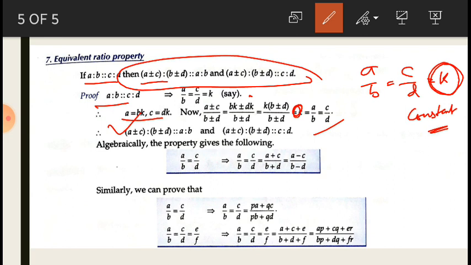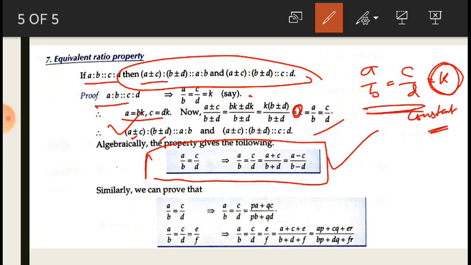You can easily conclude this, and you have to take care of the plus minus sign: whenever this is plus, this is also plus, and whenever this is minus, this is also minus, and we reach these algebraic properties. If you remember this property, that is fine. If you do not remember it, you need to use this kind of operation and you will definitely reach the result. Or you can also remember these properties. I don't think it is quite important to remember, but if you do, it will be better for understanding.